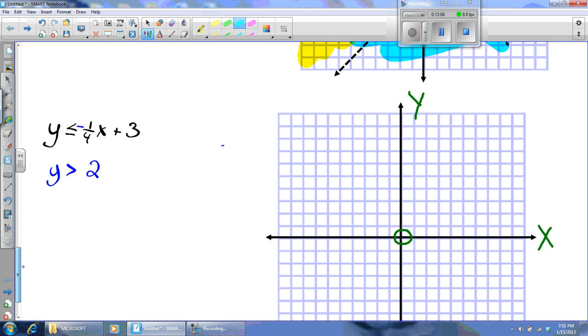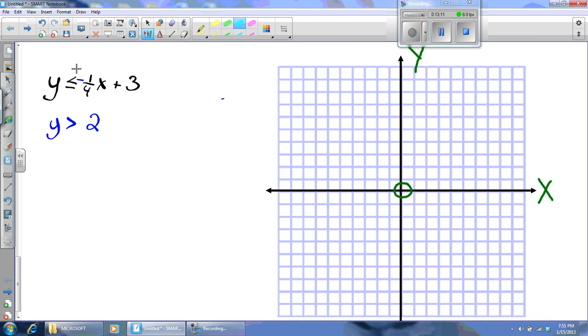Okay, so one more. I'm in slope-intercept form for the black one. I know it's going to be a solid line because it says it's equal to. Y-intercept of 3, down 1, right 4, just using my slope, doing it again, 2, 3, 4. I said it was a solid line.